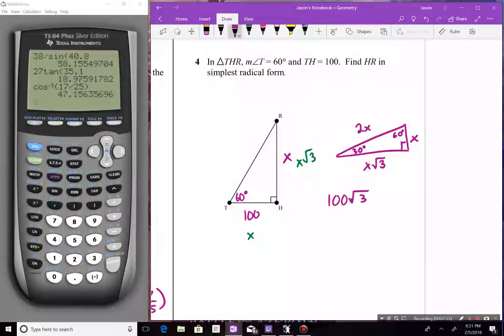Those don't mix again. We have a whole number and a radical, we can't mix those up. So our final answer is 100 square root 3, and that's in radical form. When we mean radical form, it means we have the radicals on here. Technically, you can do trig on this, but you're not going to get it in radical form, so you would lose points.